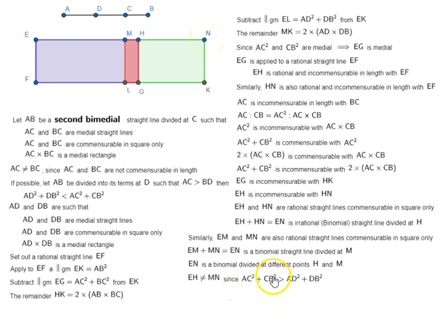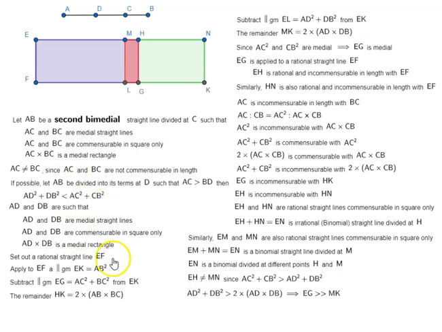Since AC square plus CB square is greater than AD square plus DB square. So AD square plus DB square is greater than 2 times AD by DB, which basically implies that EG is going to be much greater than MK. Here we have already seen this. AD square plus DB square is less than AC square plus CB square.